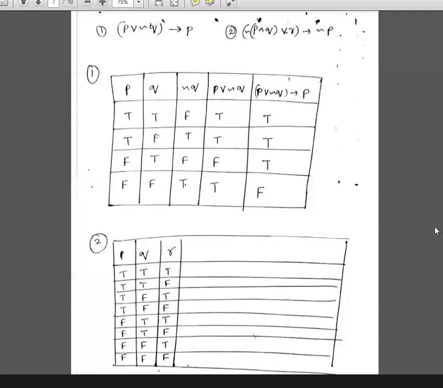No, Raji, not all values are true. Five values are true and three values are false.